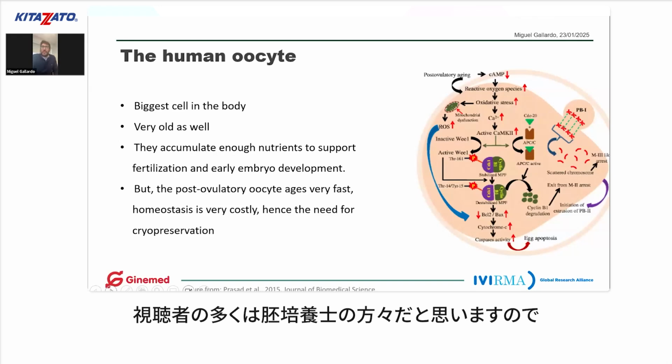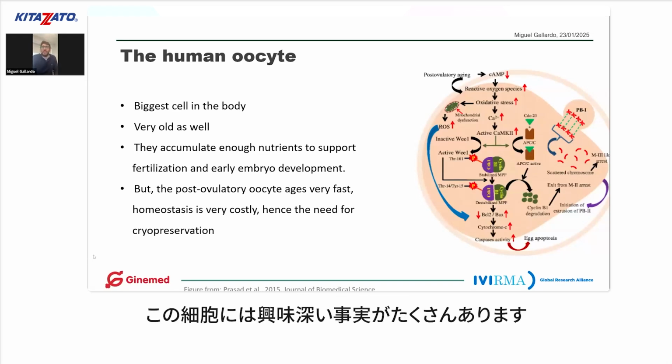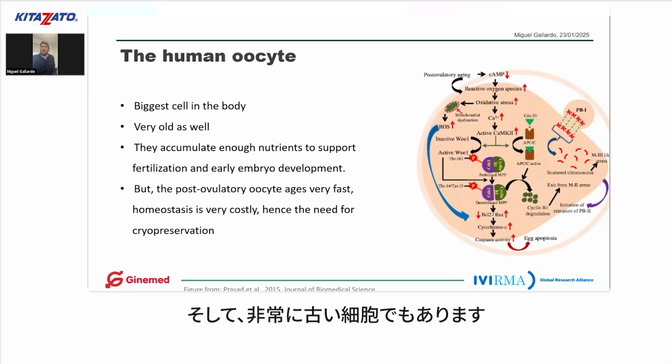I guess most of the audience are embryologists, so probably you are with me in a shared admiration for this cell. There are many fun facts about this cell, the biggest one in the body, as far as I know. It's very old as well.